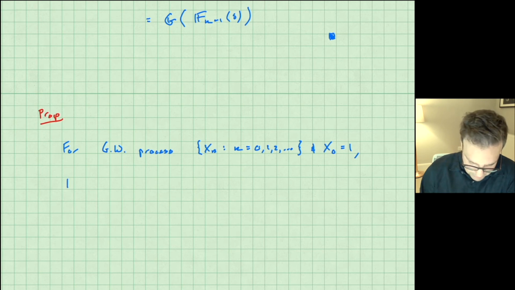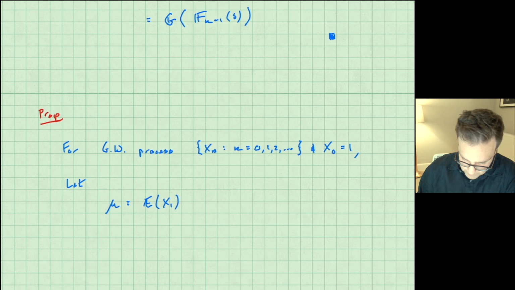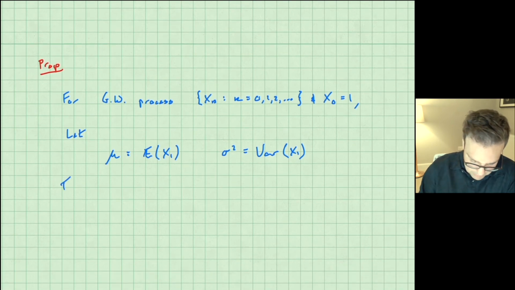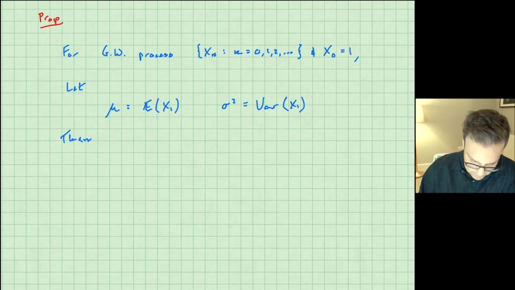So now let's define mu to be the expected value of x1 and sigma squared to be the variance of x1. All right, if that's true, then you can write the other expected values and variances in terms of these. And so here's the different parts of this proposition.